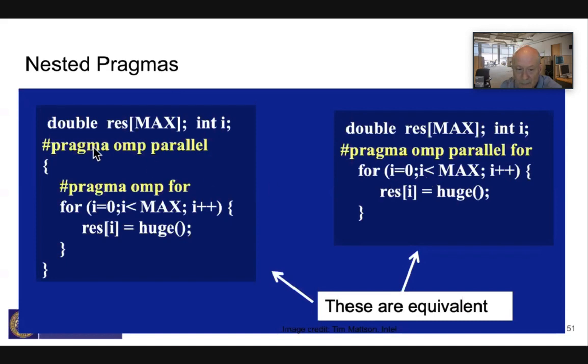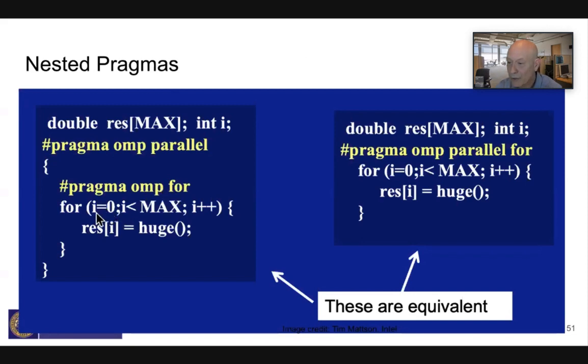Okay, that's great. But what if we did something a little bit different, and we say pragma OpenMP parallel, and we have these curly braces which indicate a block of code. Inside this block of code, all of that's parallel. And then inside that block of parallel code, we have this pragma OpenMP for.